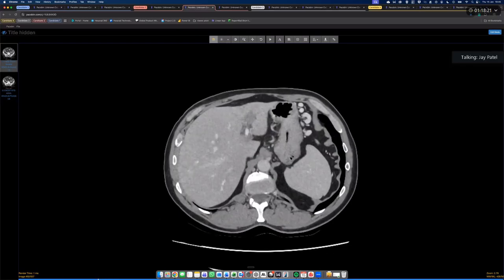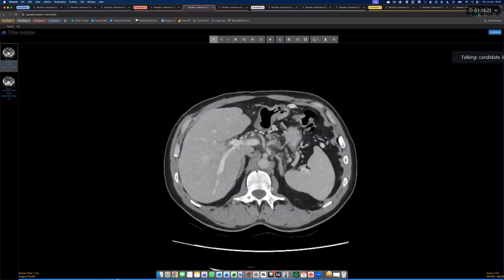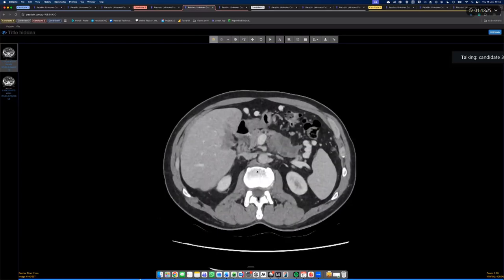Thank you. Would you summarize the case for me, please? So I was able to visualize an ill-defined lesion in the pancreas with thrombosis within the splenic vein as well as some edema in the gallbladder, and also a metastatic lesion within the liver.